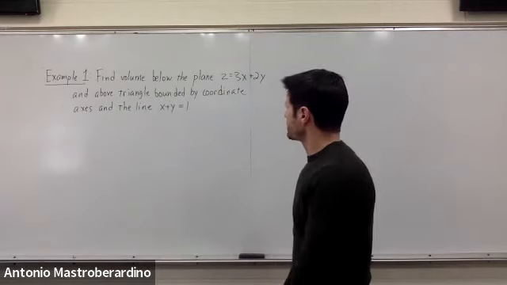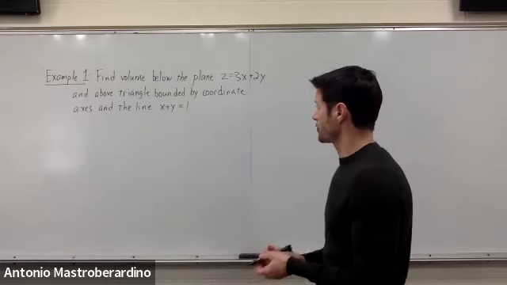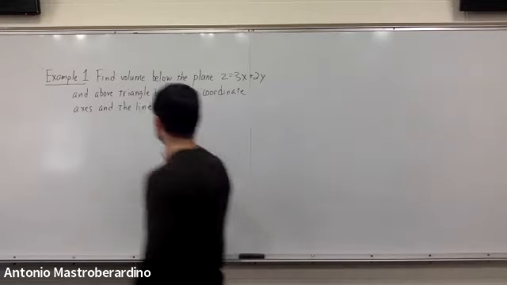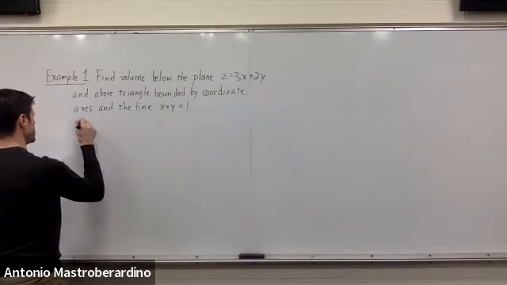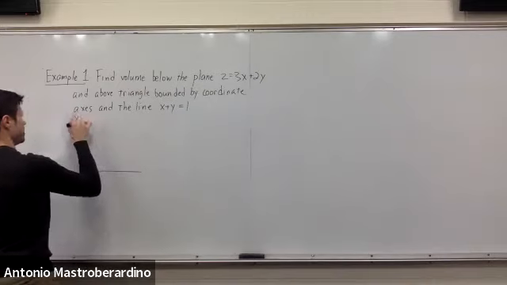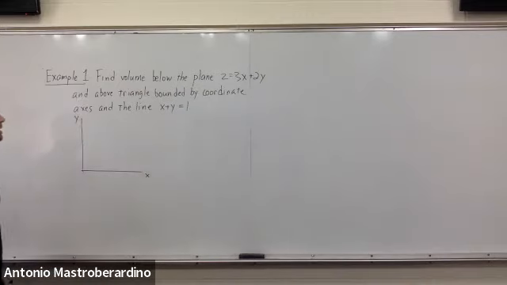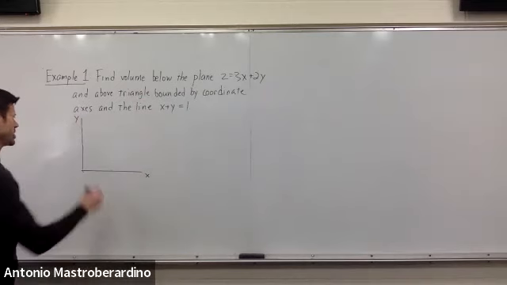Okay. The first thing to do in pretty much any of these problems is to sketch the region of integration. Okay, so we're going to sketch this triangle that is forming the boundary in our xy plane. So we have our coordinate axes here, all right, and the line x plus y equals 1.